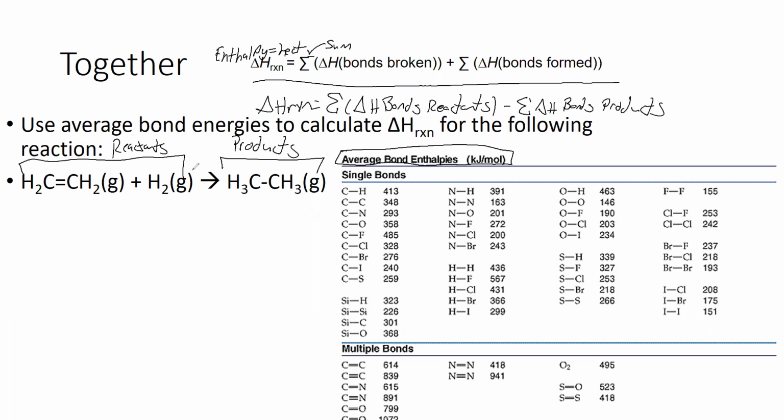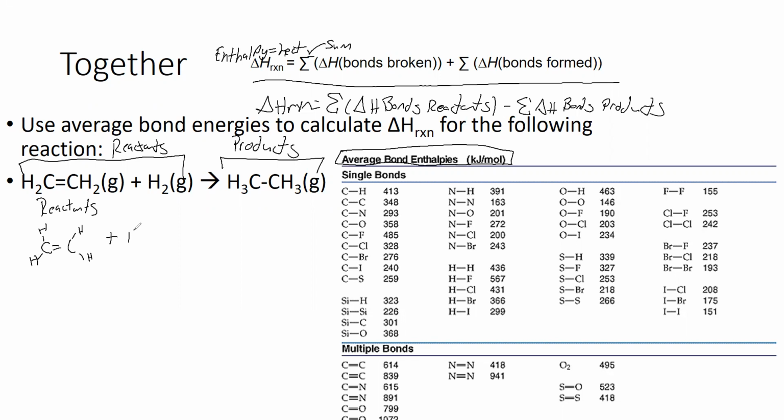So what I want to do to calculate delta H reaction is I just want to count how many bonds I have of my reactants. So on my reactant side, now I'm going to draw out these figures with the Lewis structures. So my first Lewis structure looks like this.